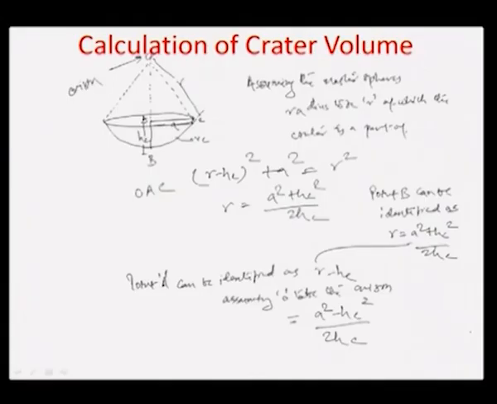So then it just boils down to a simple problem of integration. Let us assume this crater to be present like this, okay. We have just twisted the sphere upside down.